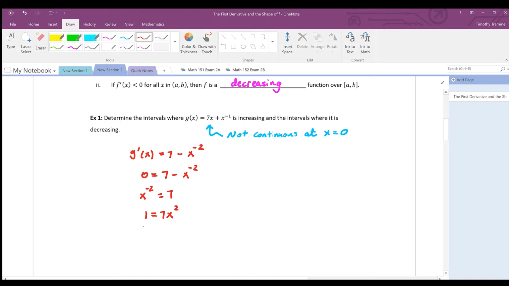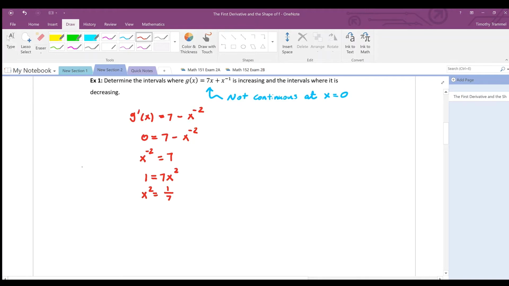And then we could divide each side by 7, and so we get x squared is equal to 1/7. And we're almost there. Okay. We have one more step, and that is to use the square root property. And this gives us x is equal to plus or minus the square root of 1/7. Or the square root of 7 over 7 if you rationalize the denominator.